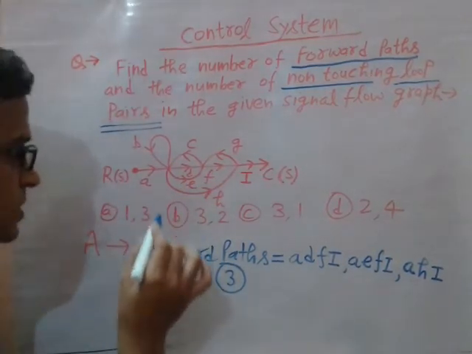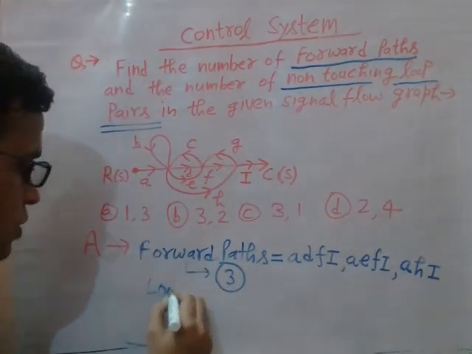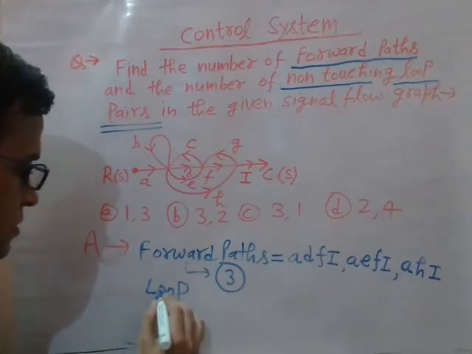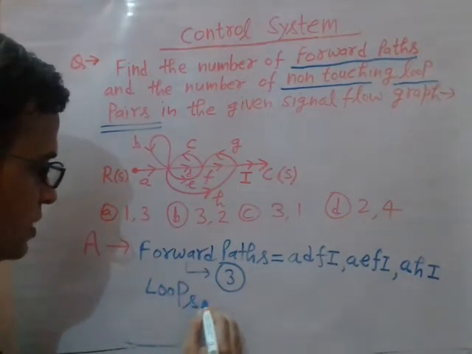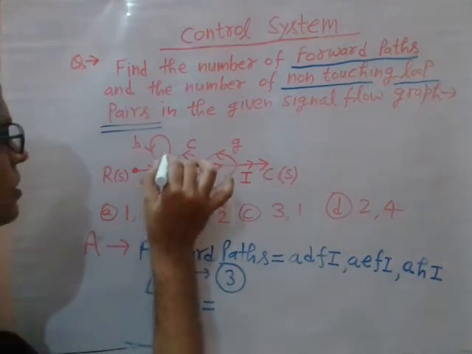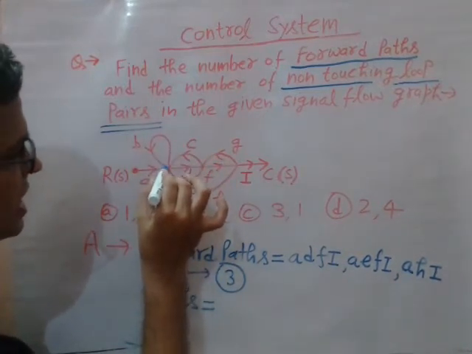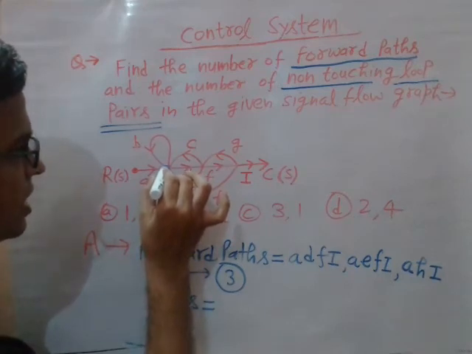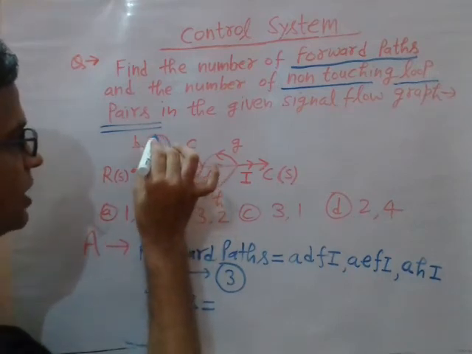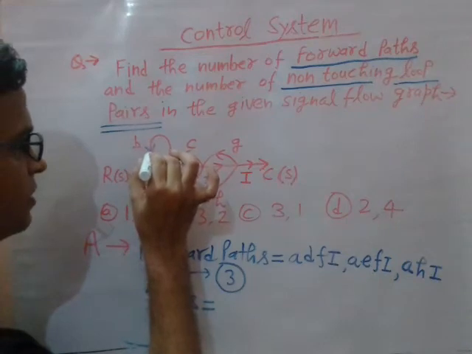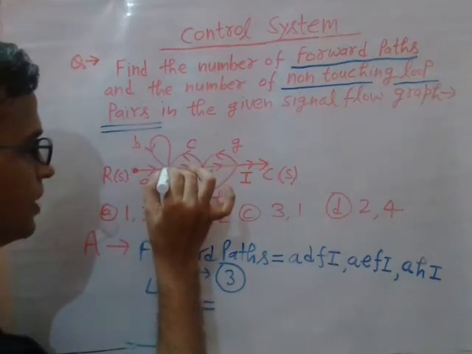Now how many loops are there? Again have a close look at it. This is one loop. Readily I can see here, I start from here and go in the direction of the arrowhead, and I reach the same point.